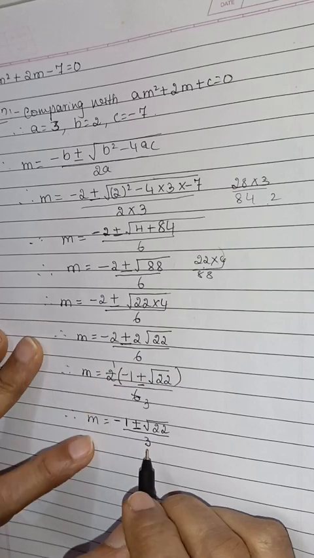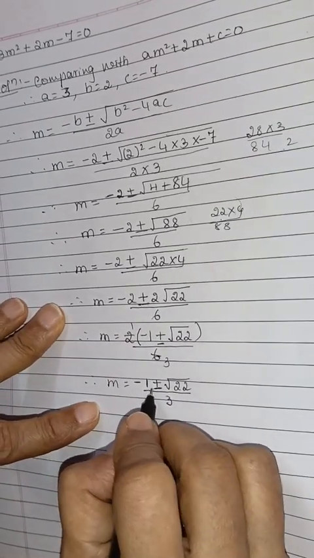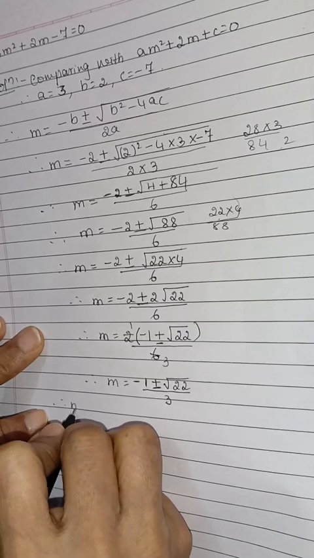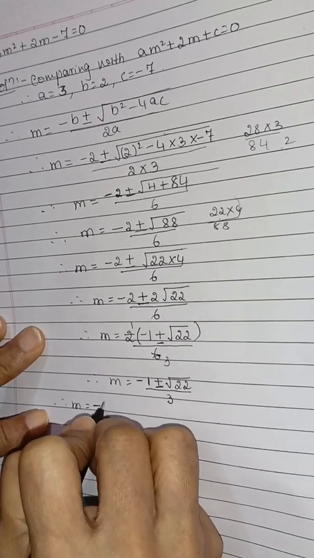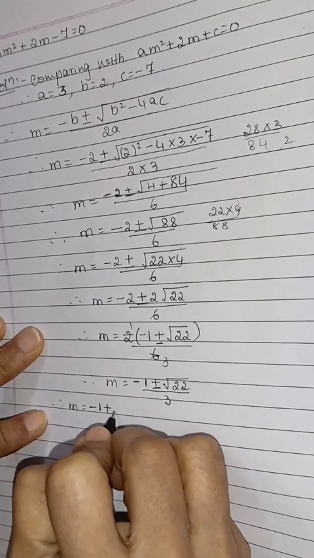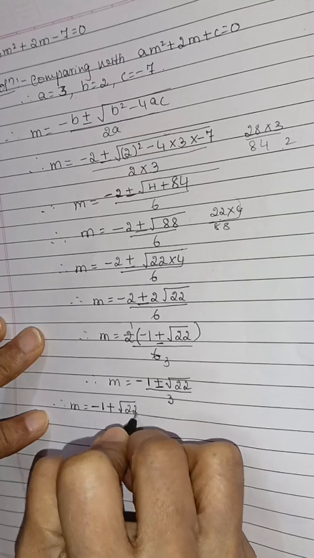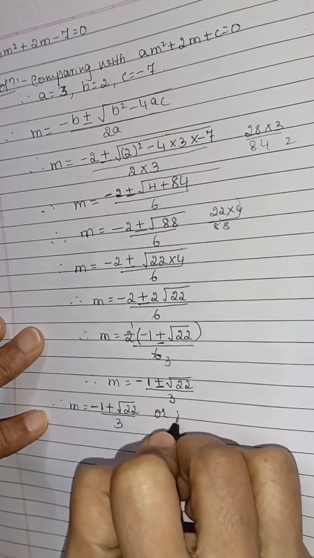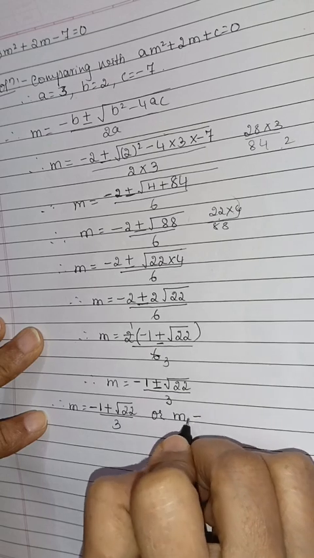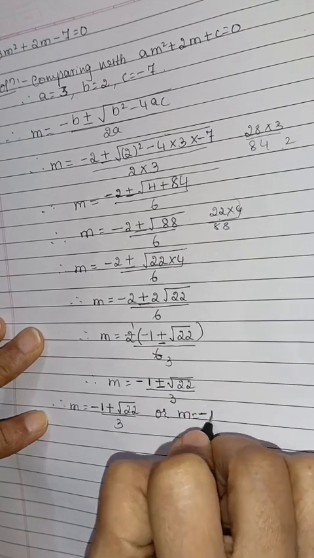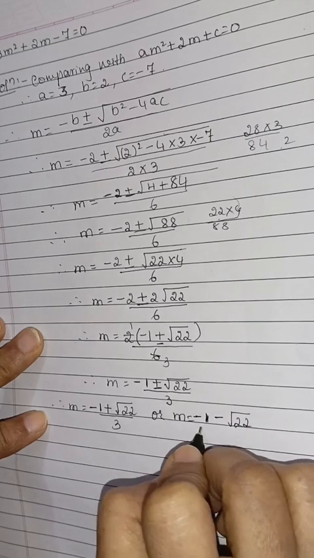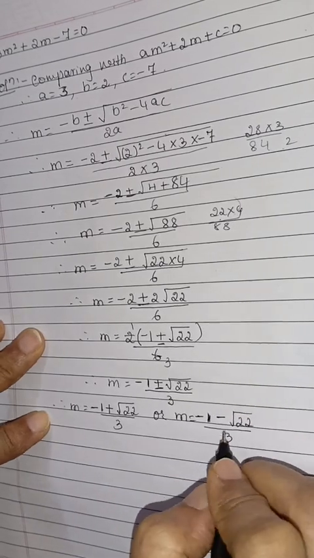Okay, therefore here m is minus 1 plus root 22 by 3, or another one is m is minus 1 minus root 22 by 3.